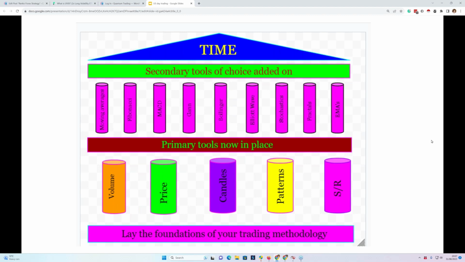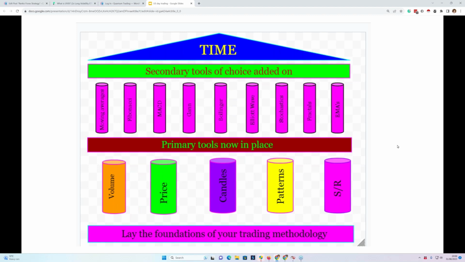We have our own proprietary ones. Some of you here today will already be users of our quantum trading indicators. We've developed them to support the foundational methodology, but that does not take away from the benefits of using things like Bollinger Bands. In fact, I have a Bollinger Band on one of the charts that I'm going to show you today.